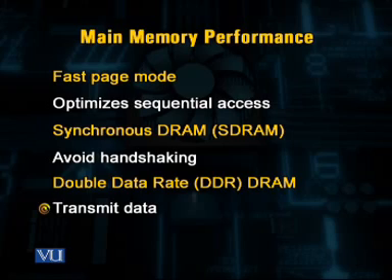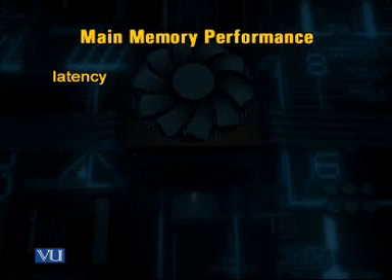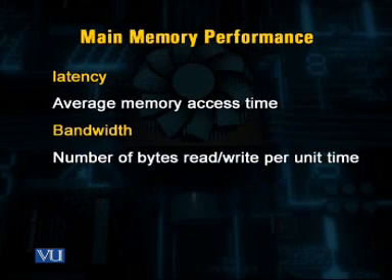Now, let us see what are the metrics which can be used to measure the performance of a main memory. The latency and bandwidth are the most important and commonly used metrics to measure the performance of main memory.